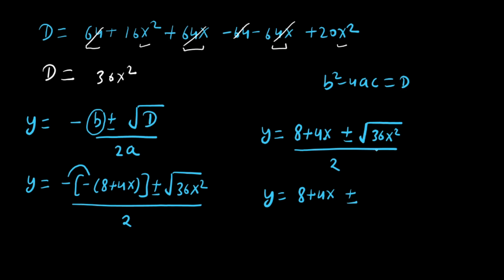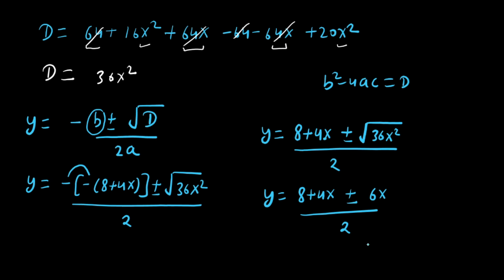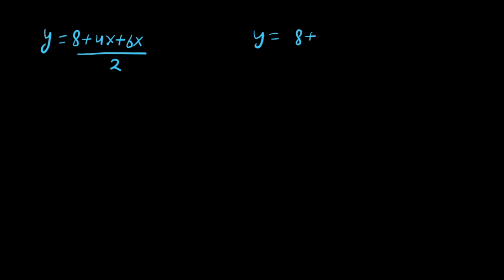We know that square root of 36 is 6 and square root of x square is x, divided by 2. We have two values of y. The first value of y is 8 plus 4x, and if we take the positive sign then 6x, divided by 2, and the second is 8 plus 4x minus 6x divided by 2.